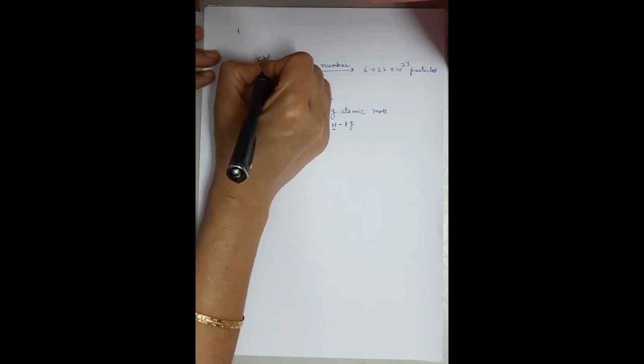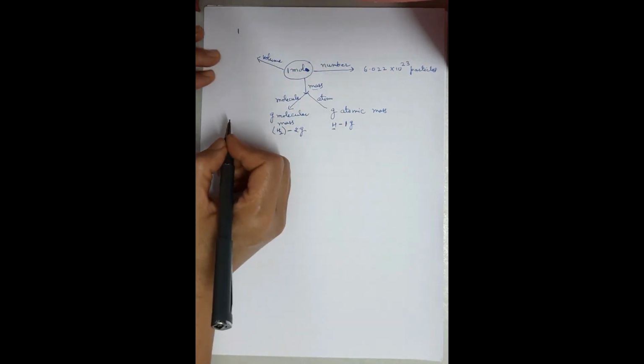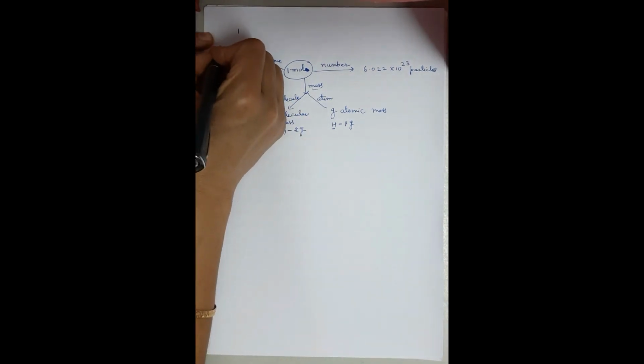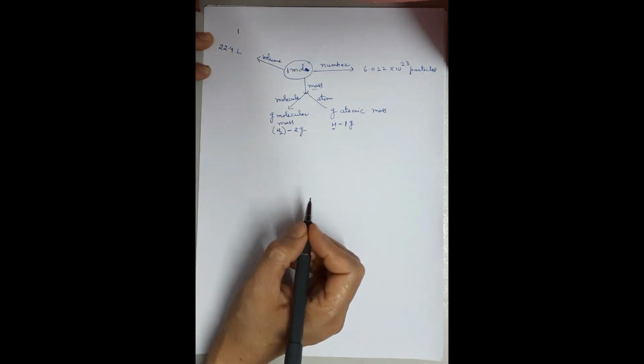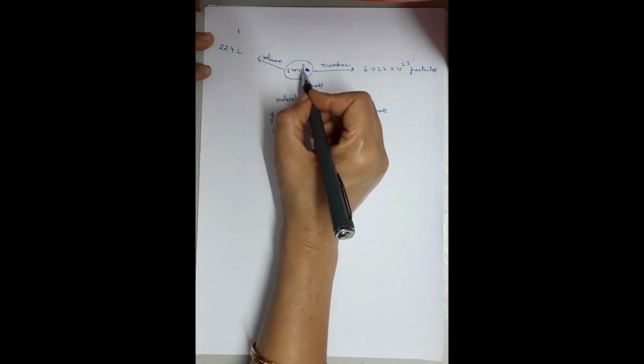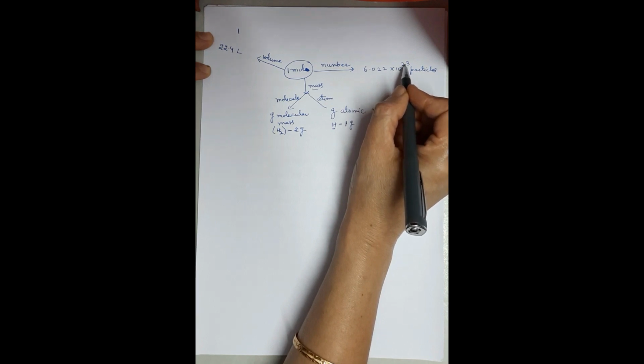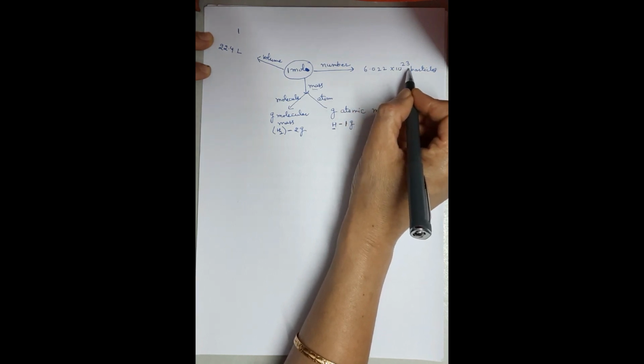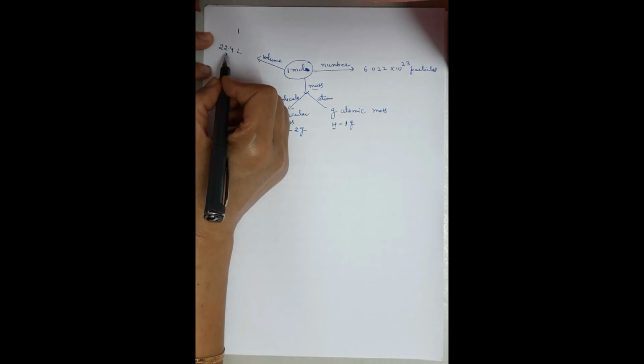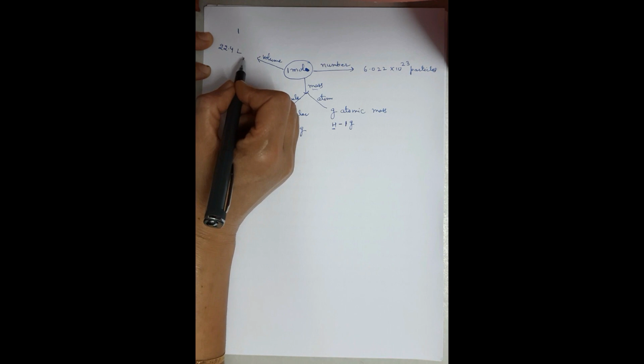In case of gases, all the gases at NTP, normal temperature and pressure, occupy 22.4 liter of volume. How many particles will have this much volume? 1 mole of particles. 1 mole is equal to 6.022 into 10 raised to power 23. So these many molecules of any gas will occupy 22.4 liter of volume.